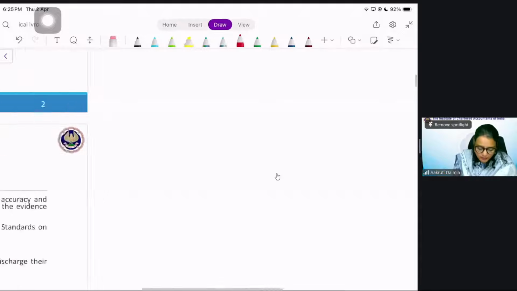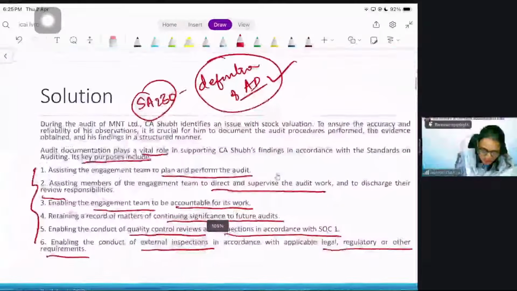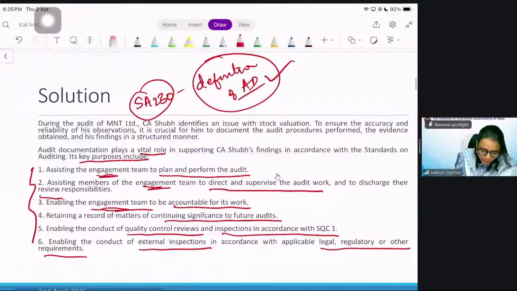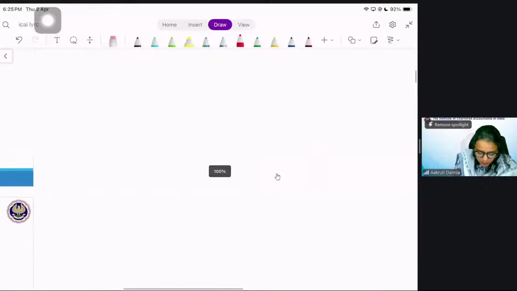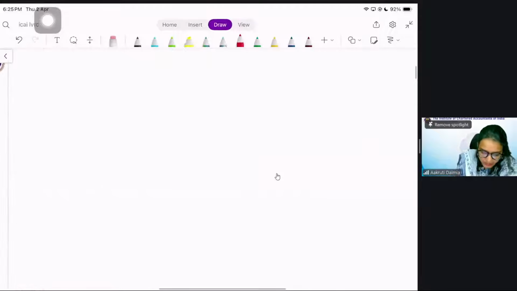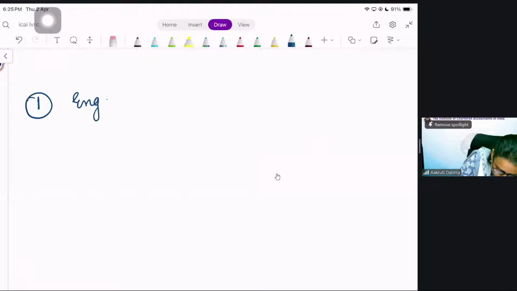Grouping method means I find similar points. अब ये तीनों पॉइंट एंगेजमेंट टीम के पॉइंट हैं ना, तो इनको मैं एक बना दूंगी. So how do I remember it? Grouping method. Please pay attention. I will divide it into two main things. First is engagement team.